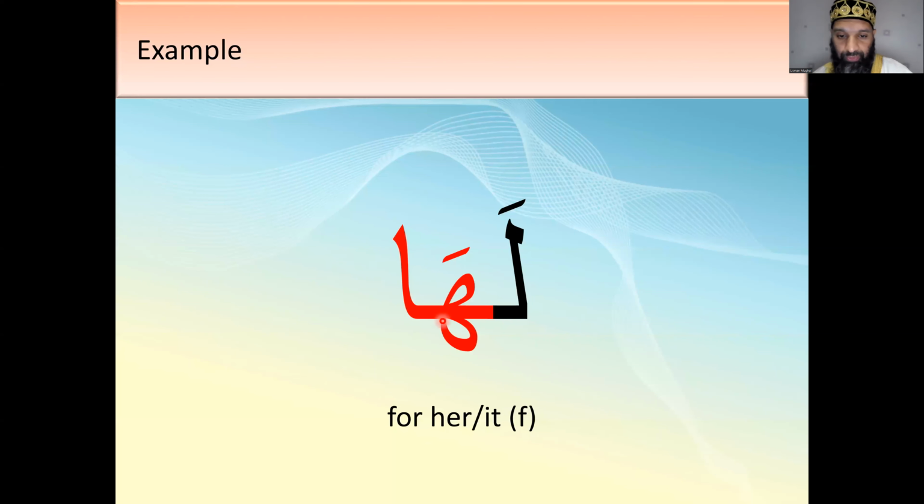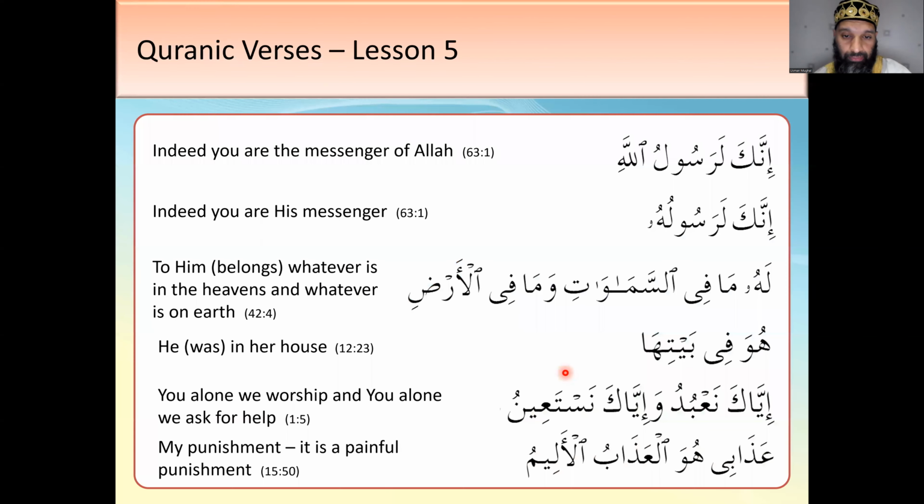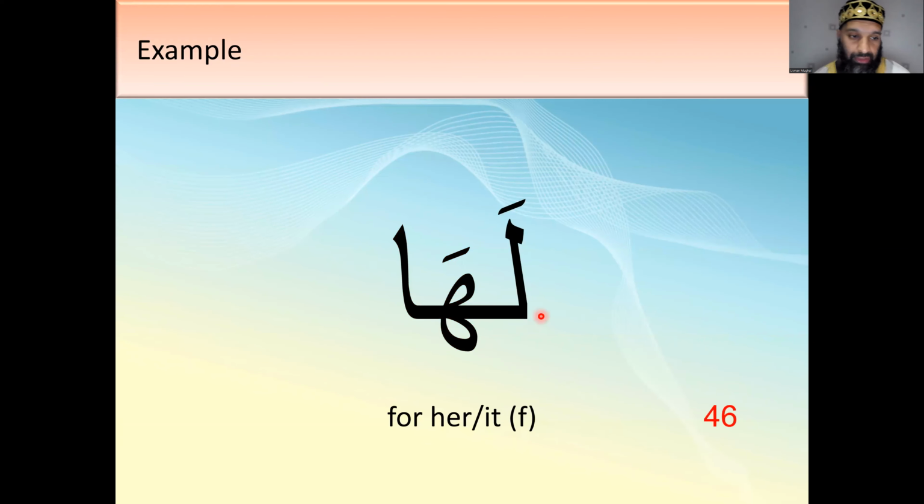For it, right? For her, for it. 46. And that was the end. We just got some verses to go over to see how these come in the Quran. Can we move on to the verses?